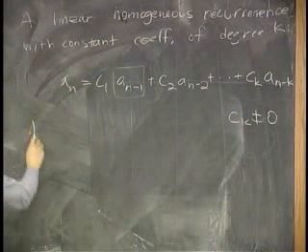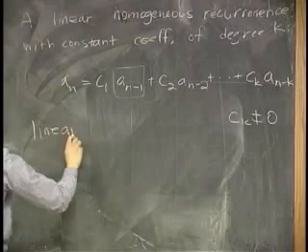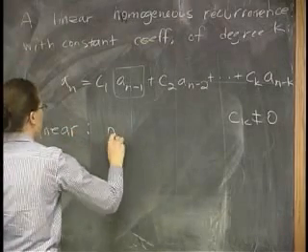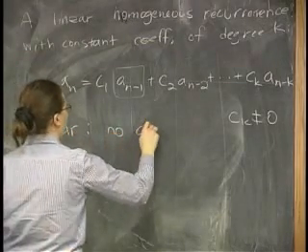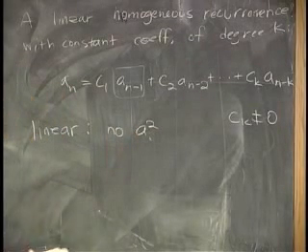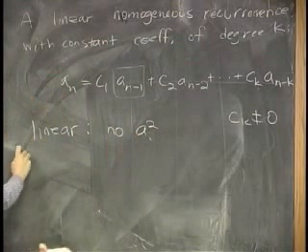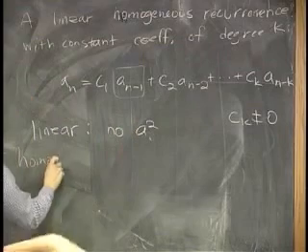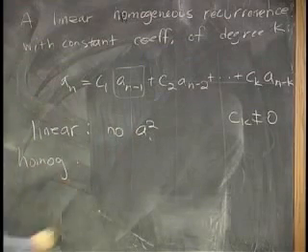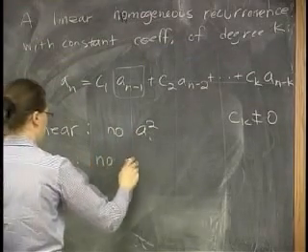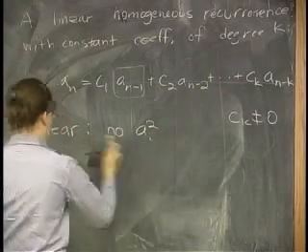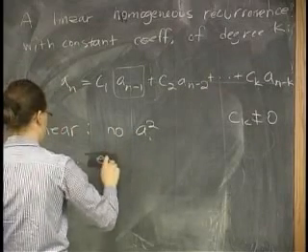So does this make sense? I should write down: linear means that there's no ai squared, for example, so everything's linear in the ai's. Homogeneous means that everything's multiplied by exactly one ai.